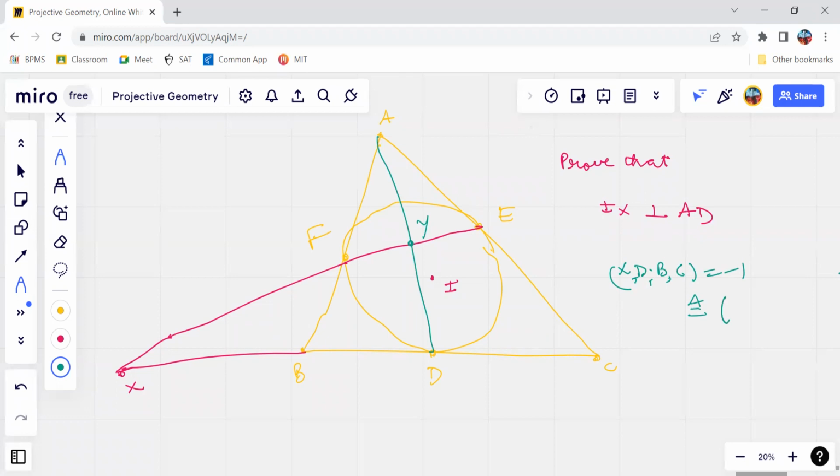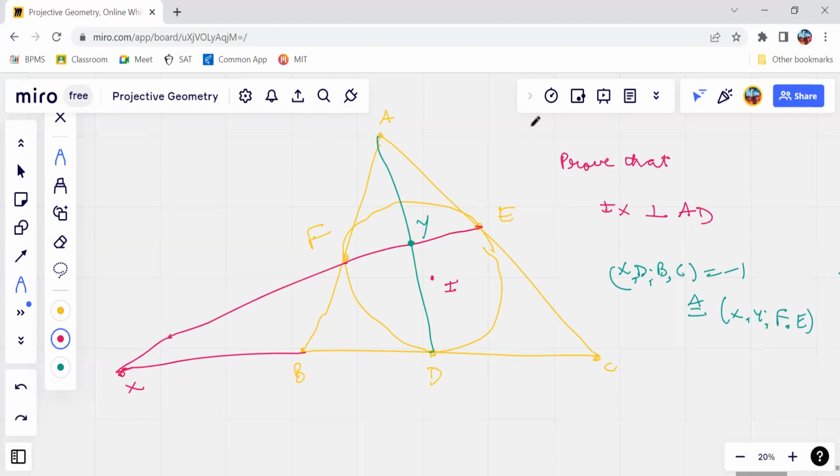So as he said, if you project through A, you get X, Y, F, E is -1. Because this is a circle going through E and F, we know that Y lies on the polar of X. But we know that D lies on the polar of X because it's the tangency point. So this line AD is actually the polar.